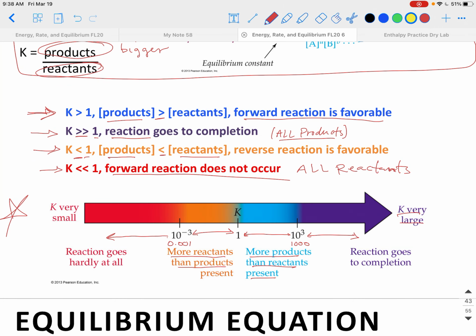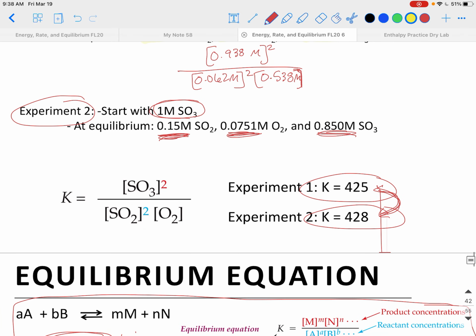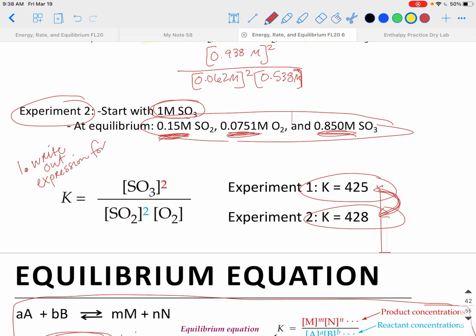So the whole point is that I want you to be able to, if I give you a set of numbers like this and a reaction, one, write out the expression for K, which would be something like this, depending on what your reaction is.